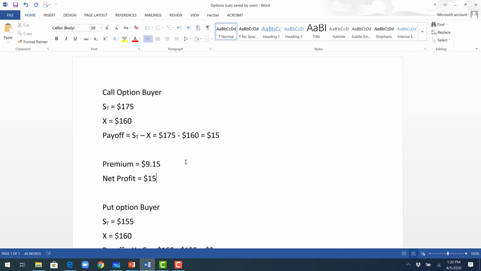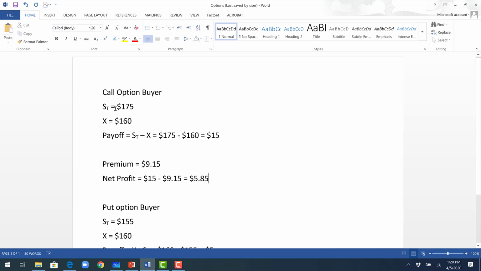Net profit here is 15 minus $9.15, so this is $5.85. Again, this is for the buyer. So in this trade, the buyer has a net profit of $5.85. That means the writer has a net loss of $5.85. Again, just put the minus sign in front of those.